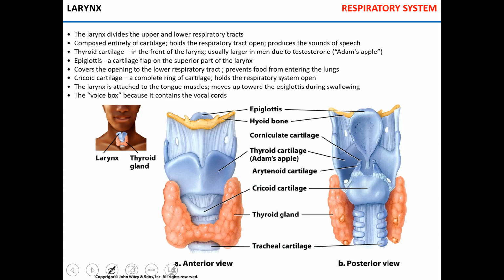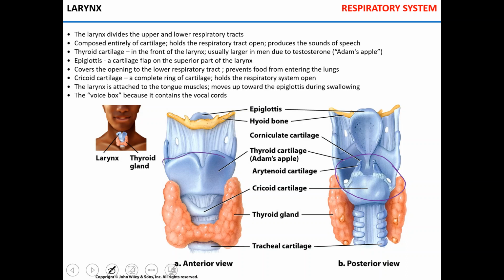One of the main functions of the larynx is to produce voice. Vocal cords, or voice box, produce the sound of voice. Not the speech, but the sound of speech, sound of voice.